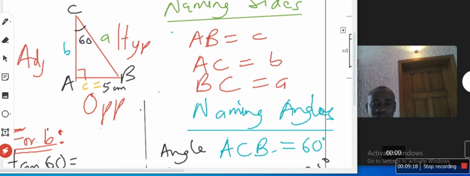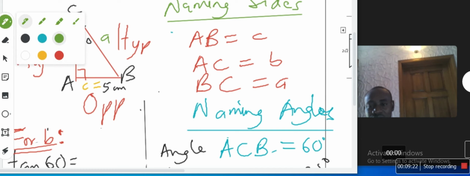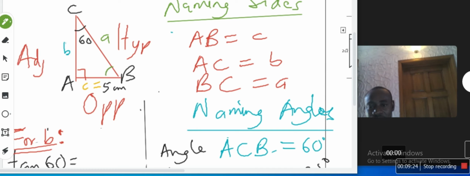Did you get what I said? How will you name this angle? Let me indicate it with a green marker. I said you use 3 letters to name an angle.